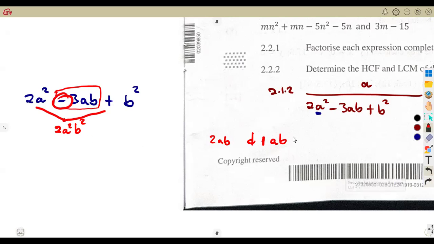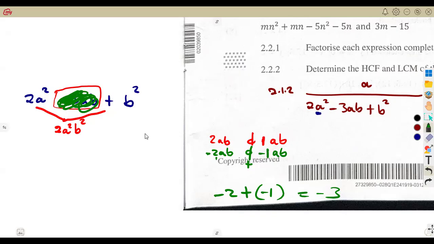So for you to obtain a negative 3 there, it means we must have minus 2ab and minus 1ab. When I'm saying minus 1ab, it's just like minus ab. This is what we have. If we multiply these two, guys, we obtain 2a squared b squared. And if we add these two, minus 2 plus minus 1, that's a minus 3. So we have exactly what is in the middle term.